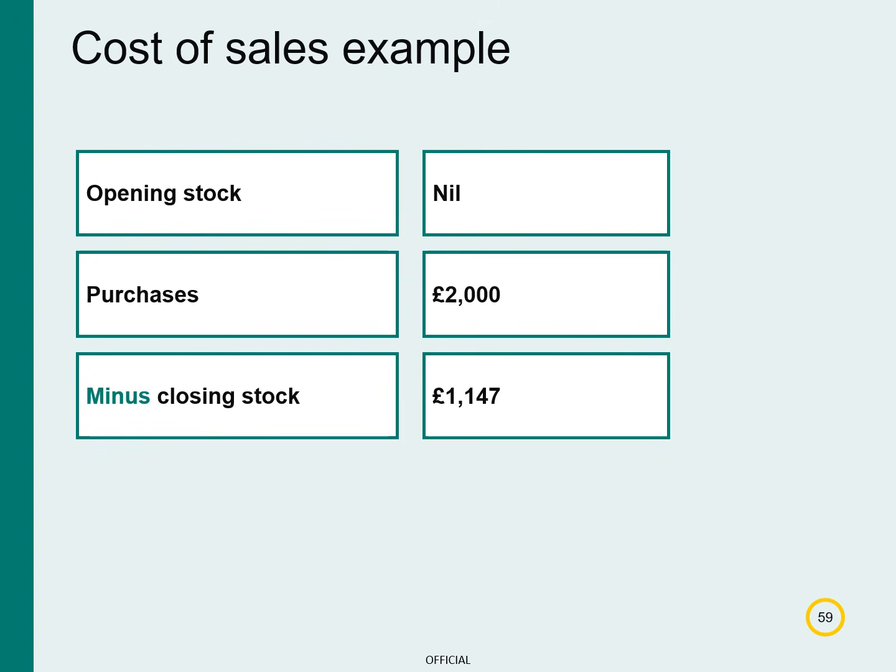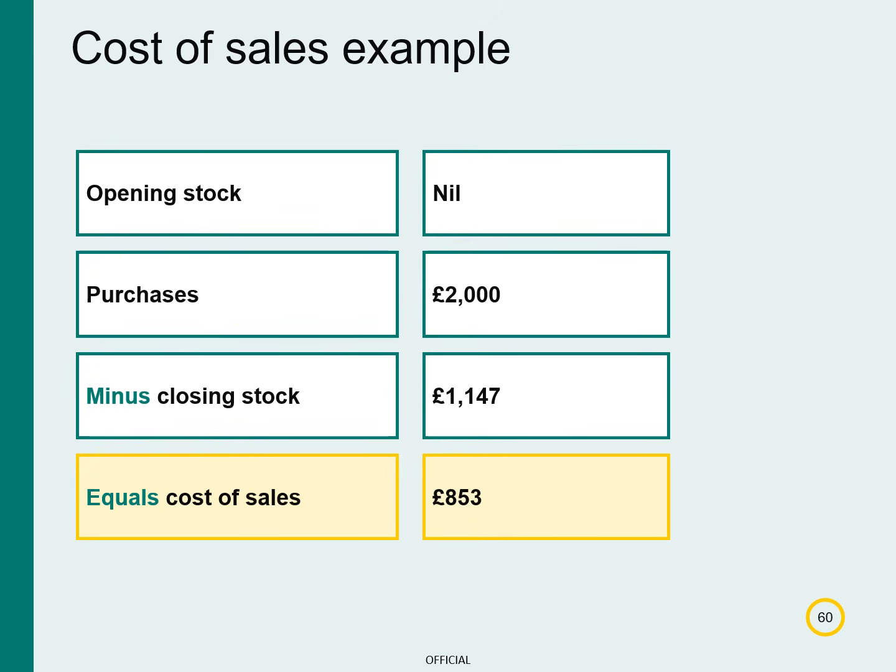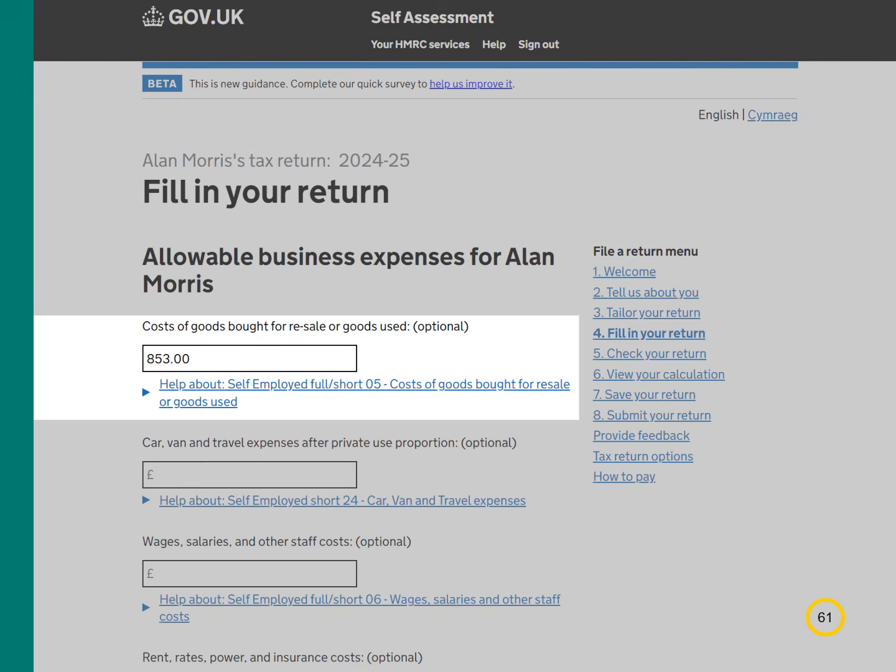So purchases of £2,000 less closing stock of £1,147 gives a cost of sales figure of £853. So if Alan is using traditional accounting, he'll put £853 on his return.